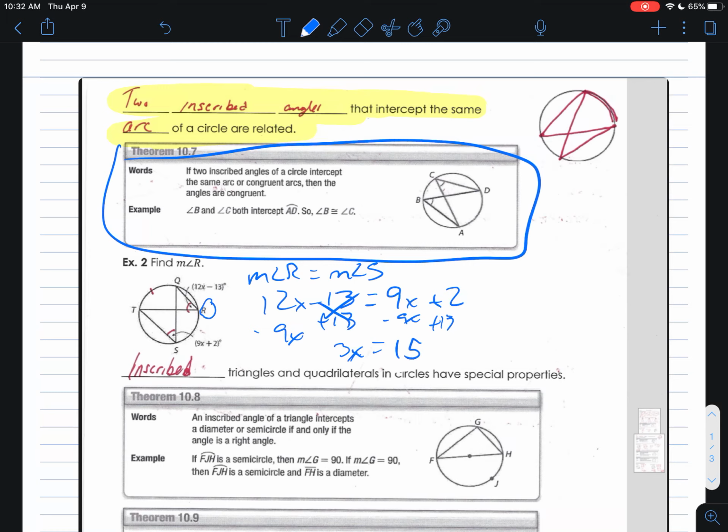And we get 3x equals 15. Divide both sides by 3. X equals 5. Okay, that's super important, but that is not the answer because we're looking for the measure of angle R. So what we do is we plug it in.